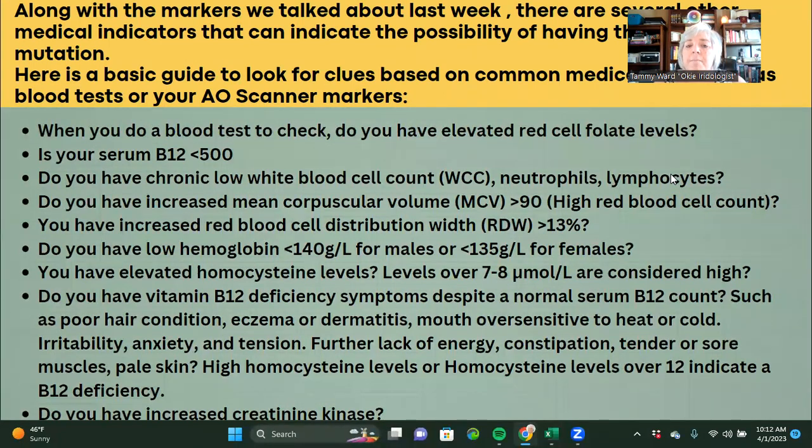Do you have increased mean corpuscular volume, or the MCV, greater than 90, high red blood cell count? You have increased red blood cell distribution width, or RDWs, greater than 13%. Do you have low hemoglobin, which is lower than 140 for males or 135 for females?